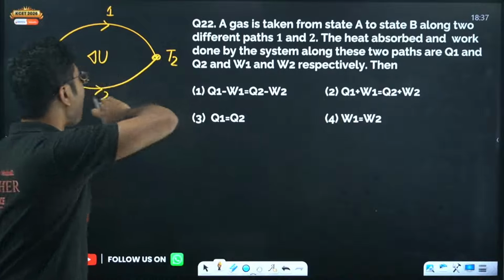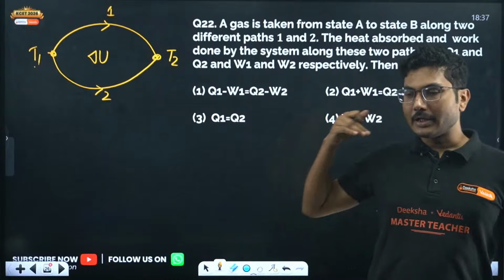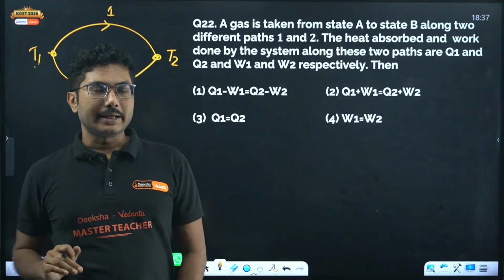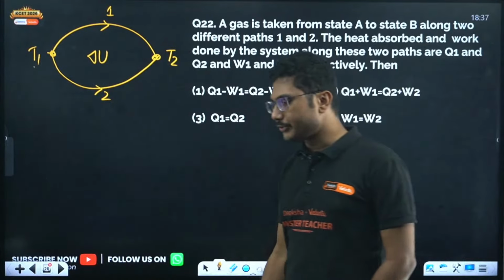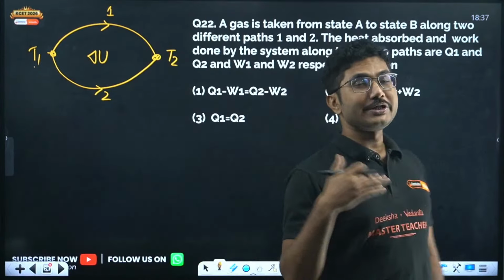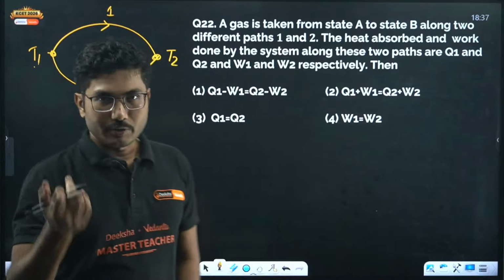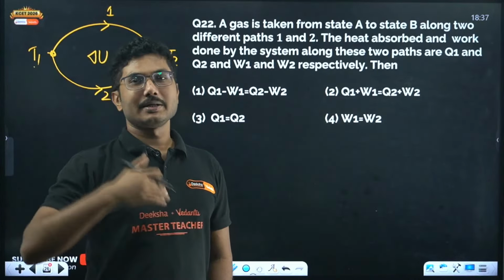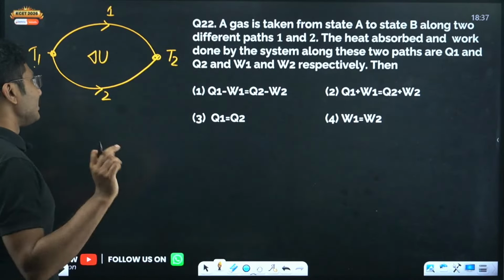They depend on the path along which you have moved. For example, you are traveling from your home to your college via a public bus, your college bus or an auto. No matter what you use, your displacement will be the same, but based on which mode of transport you have taken, the fare will be different. So the work done and heat energy are like fares, but the displacement from your college to your home is basically the internal energy change.